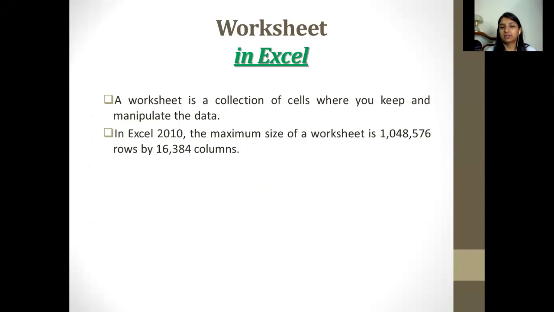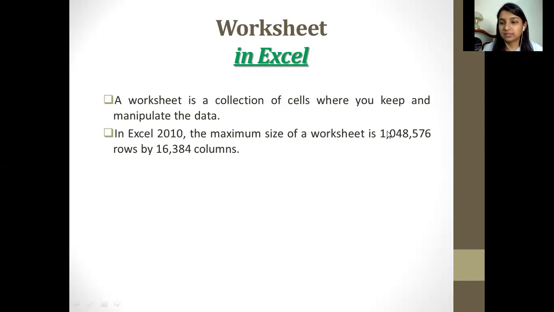So what does worksheet actually mean in Excel? It is actually the collection of cells. That means if I want to add or insert a lot of cells together where the data is kept in a secured manner. Okay, you can see that in Excel 2010 the maximum size of a sheet has a huge number of rows and columns.